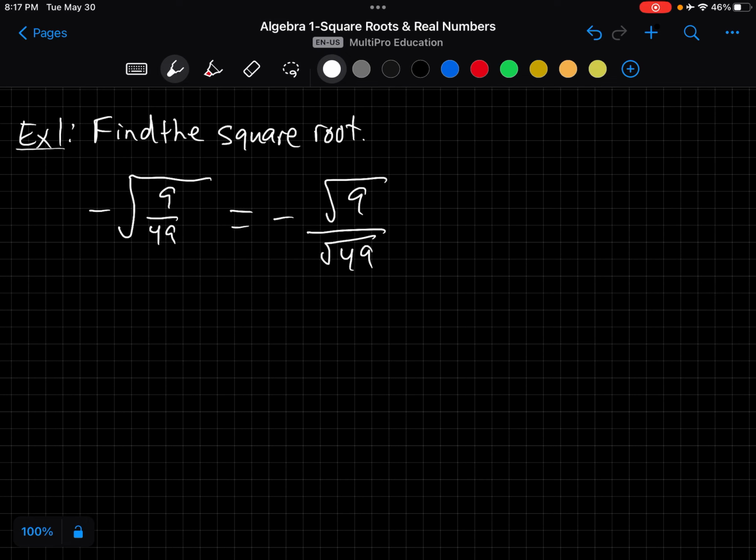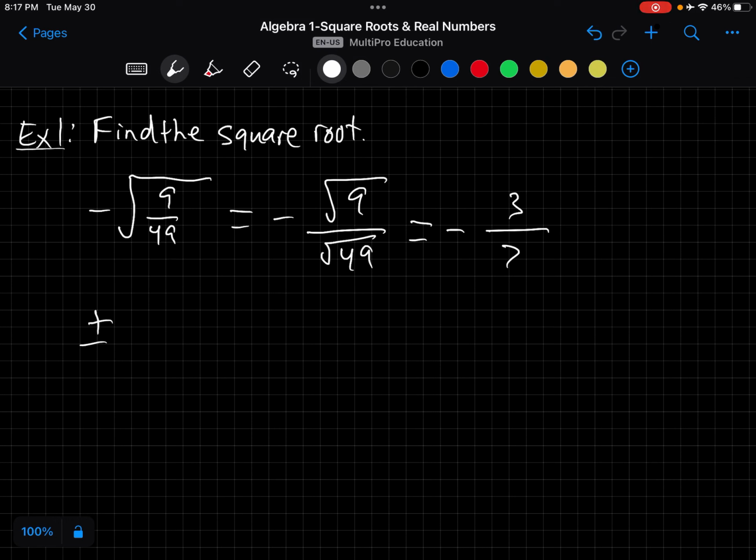Square root of 9 and square root of 49. Okay, we can do that. Rather than doing it all together, we can do it one piece at a time. So what times itself is equal to 9? 3 times 3 is 9, so that would be 3. What times itself is 49? That would be 7. So that's our answer. It's minus 3 over 7. Great job.